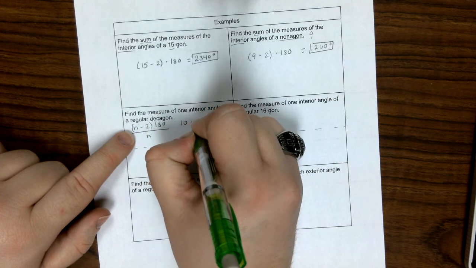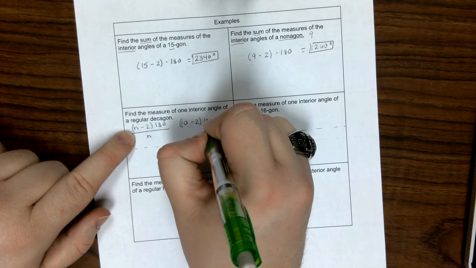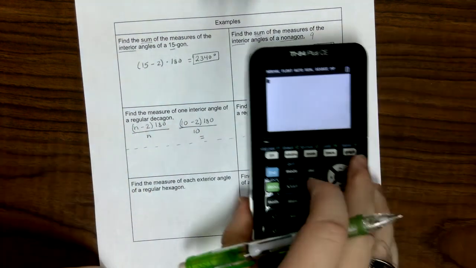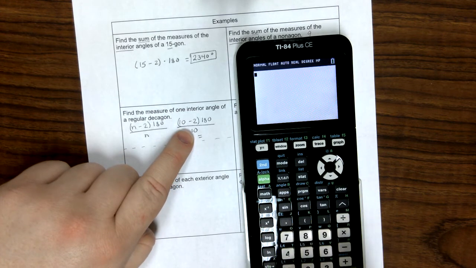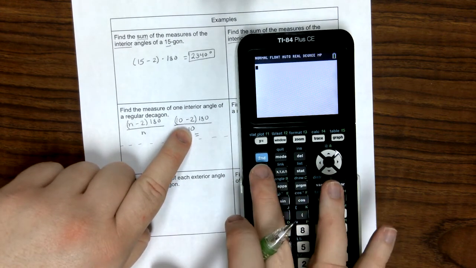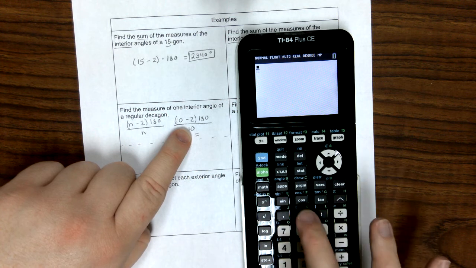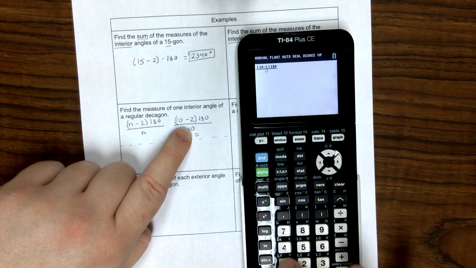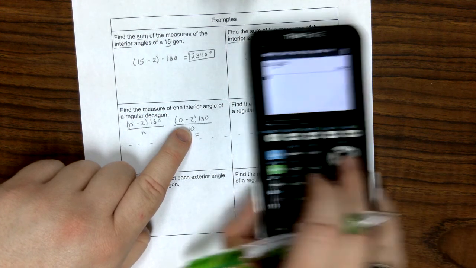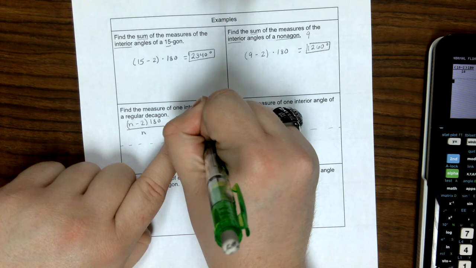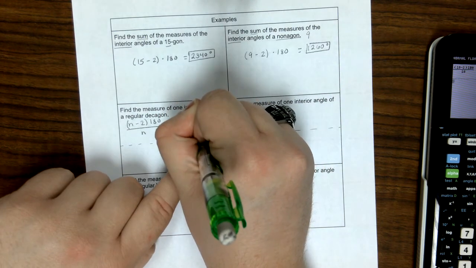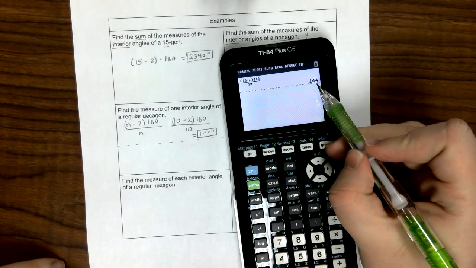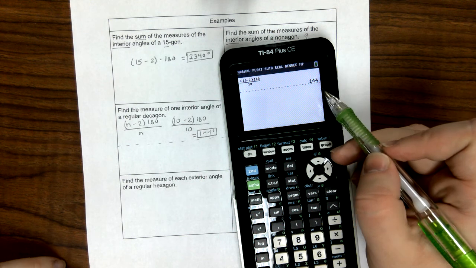So I'm going to do 10 minus 2, 180 over 10. What will that get me? Now, to type this, that's essentially a big fraction. So I want you to use alpha y equals and type that in all at once. 10 minus 2, 180, come down and put 10, and you get 144. If this comes out as a fraction, just convert it to a decimal, because I want the decimal form of it.